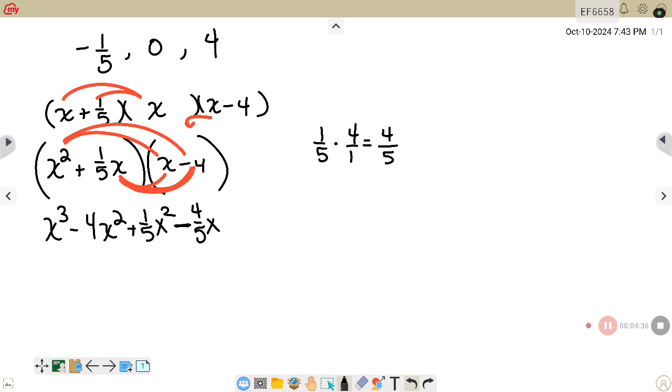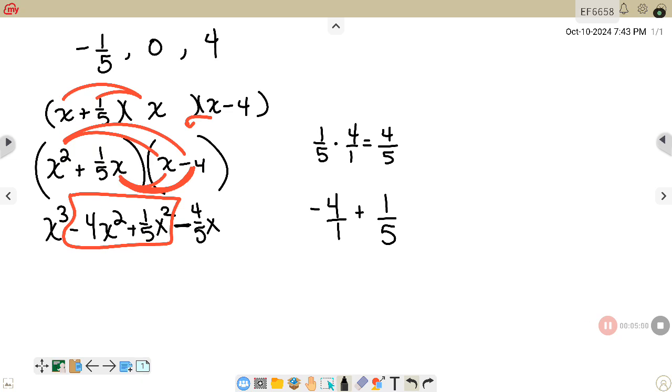Now, I noticed that these middle two terms are like terms. So I've got to put my squareds together. I've got a negative 4x squared, and I need to add that to that positive 1/5 x squared. So since now we are adding fractions, I do have to have a common denominator.